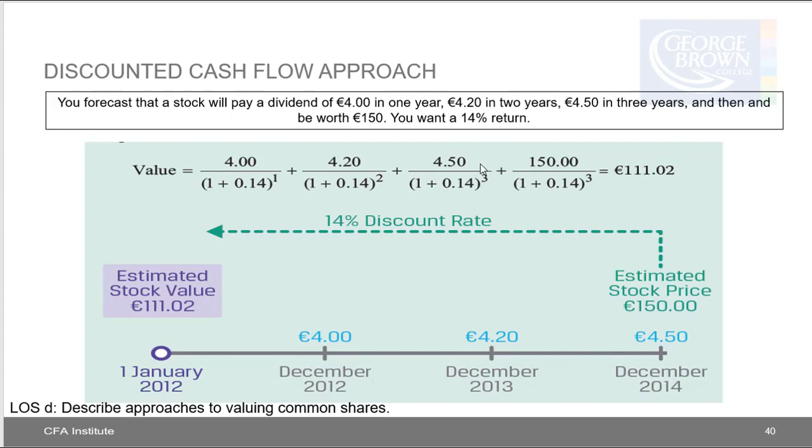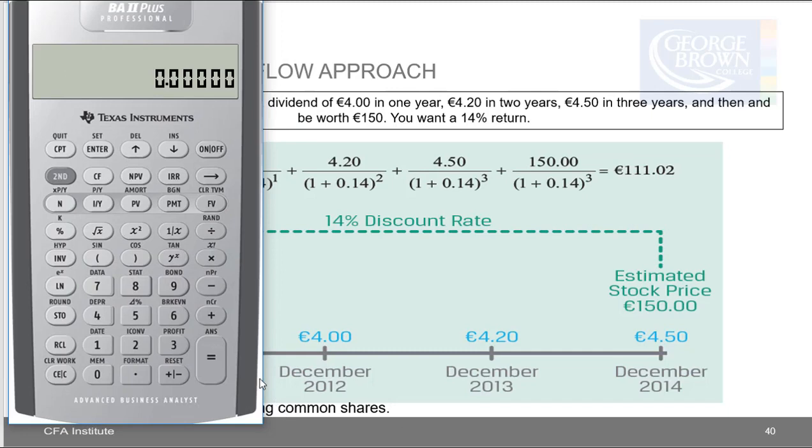So at the end of 3 years, you're receiving the €4.50 dividend, discounted at 14% for 3 years, and you're selling the stock for €150 in 3 years, discounting it back. Sum up the present value of all the future cash flows, and you get an estimated stock value of €111.02.